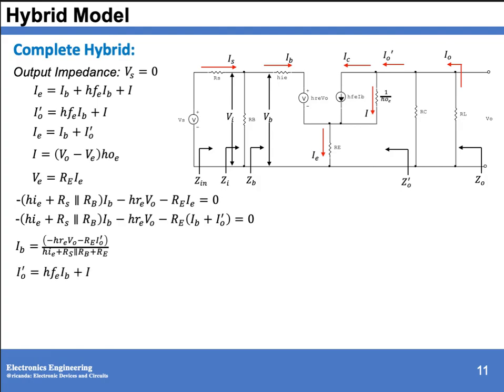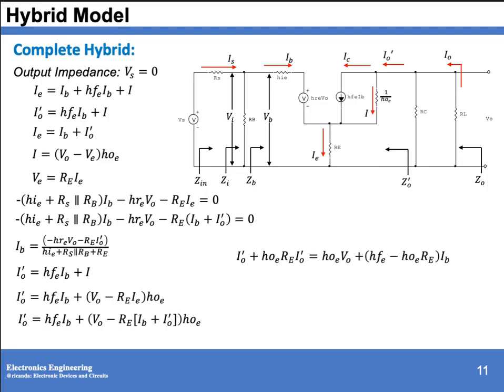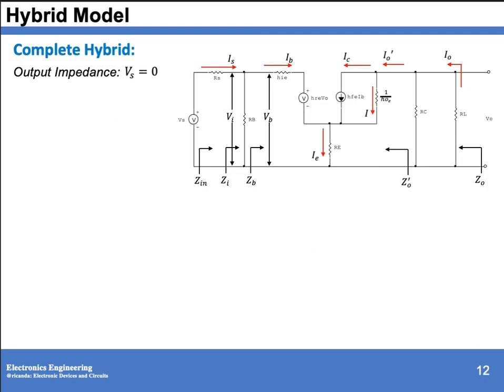Then IO prime is equal to HFE IB plus I, where I is VO minus RE times IE. Then IE is equal to IB plus IO prime. Then we have to combine all IO prime. Then we have the equation of our IB.